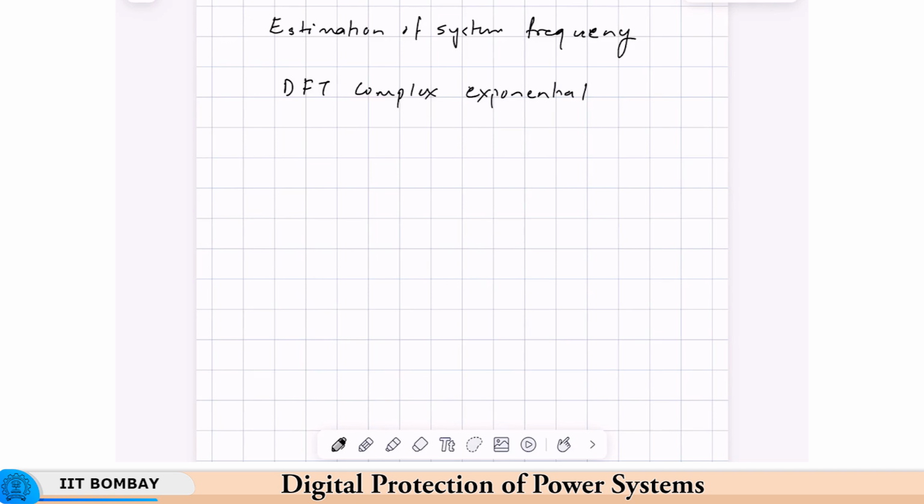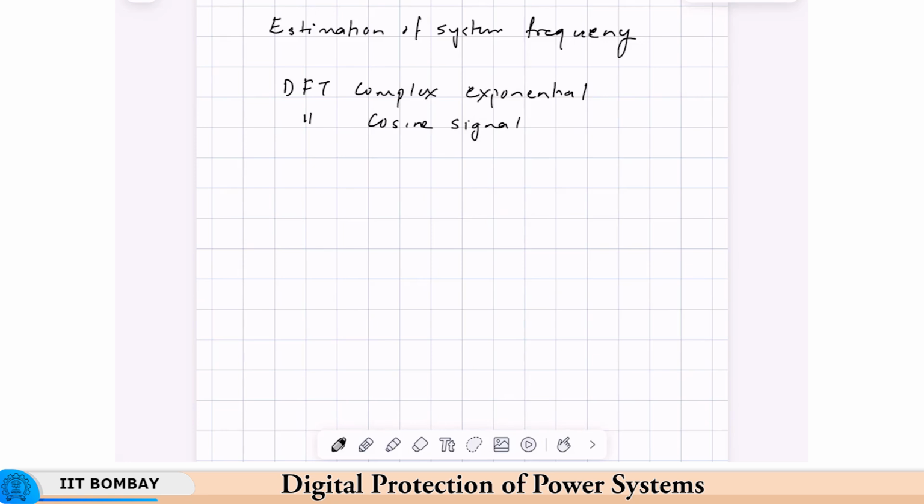Then we saw that a complex exponential is not of much use because our power system signals are either real sines or cosines. So then we saw DFT of cosine signal.